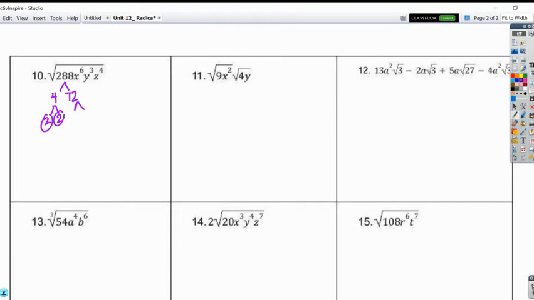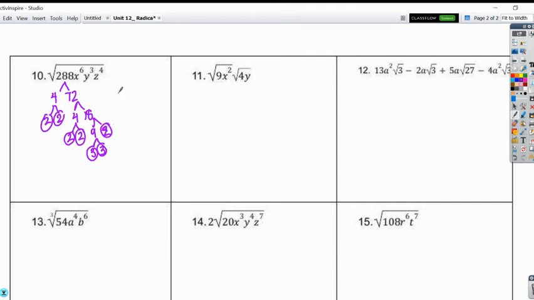And 72 then, let's see, that could be a 4 times an 18. 4 is not prime. I'm going to keep that going for a 2 times a 2. 18 is not prime. I'll do 9 times 2, where 2 is a prime. And that 9 needs to be 3 times 3 so that I can take that all the way to the primes. Again, I focus only on those primes, looking only at these numbers that I have circled.